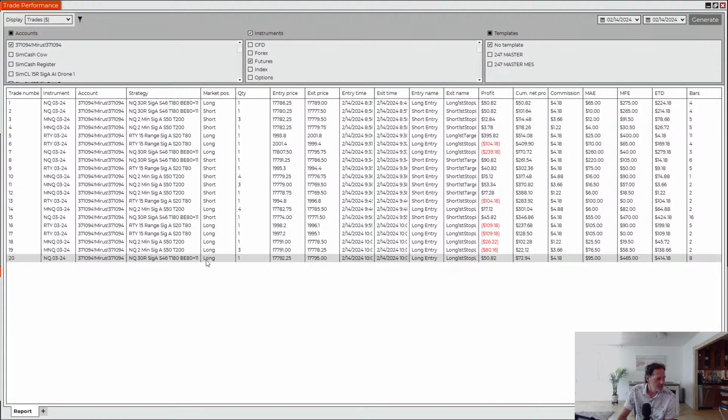This was that last trade that just happened there on the NQ that we were looking at. And I made $50.82. So I've got 11 ticks of profit that it popped up to, but we have to pay $4.18 to make that trade. They call it a round trip.